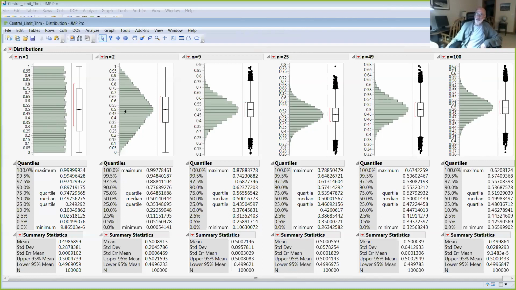Now notice with the sample size of 2, what happened to the shape? It suddenly became triangular. It's not bell-shaped, but it's not evenly spread out. The reason is if you're taking two numbers at random from that left-hand distribution, sometimes they'll both be above 0.5, sometimes they'll both be below 0.5, but a lot of the times you're going to get one that's above 0.5 and one that's below 0.5, which is going to start building it up in the middle.